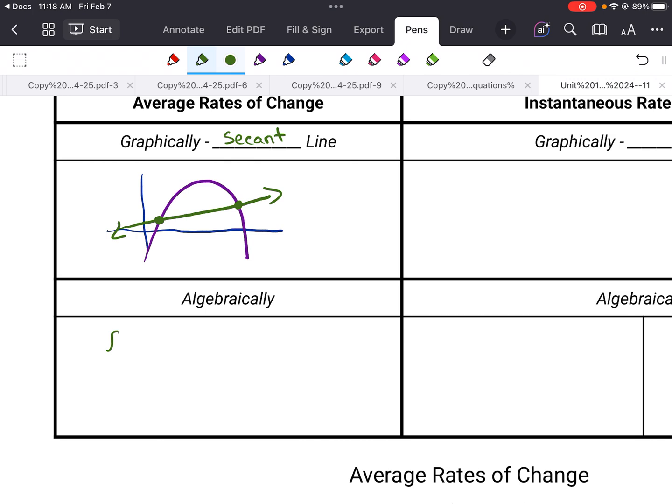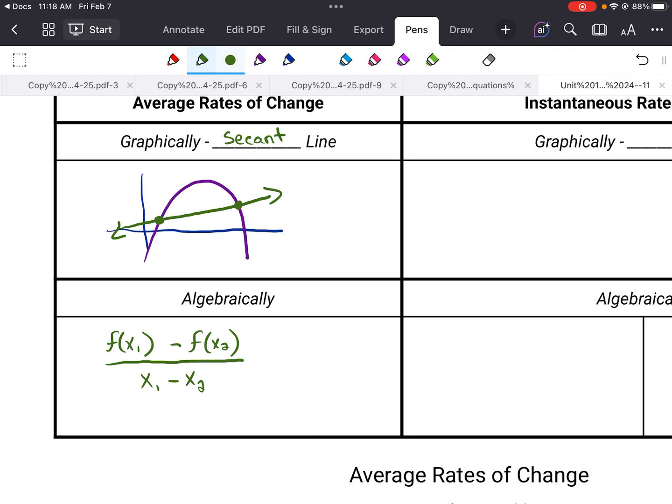Algebraically, it will be plugging in an x value into the function, finding a solution, subtracting the solution if you plug in a second x value into the function, and then dividing by the difference of those two x values.